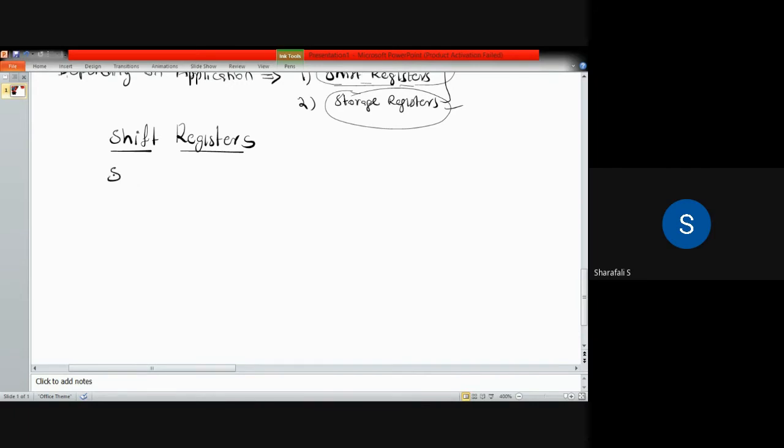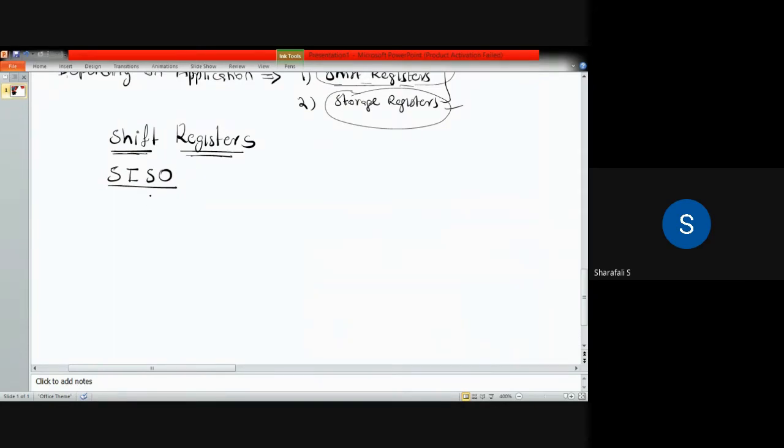We are talking about shift registers now, and we will discuss all four categories within shift registers.